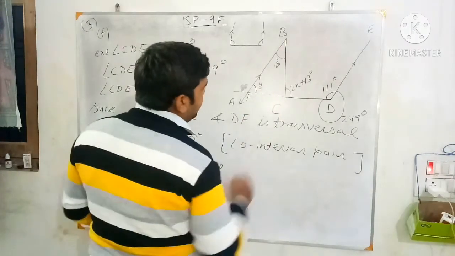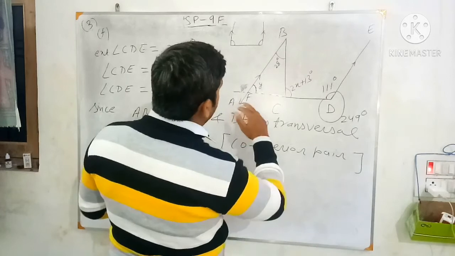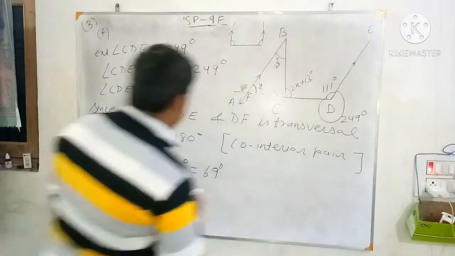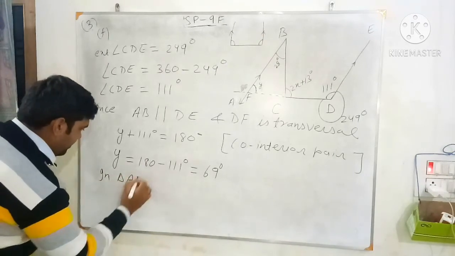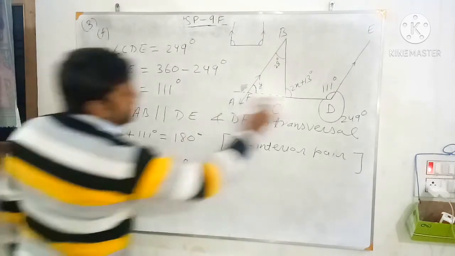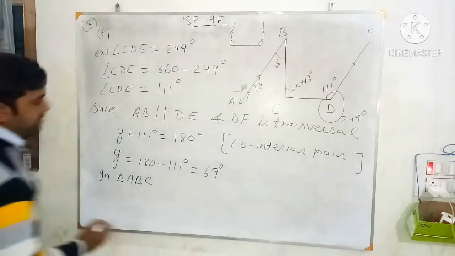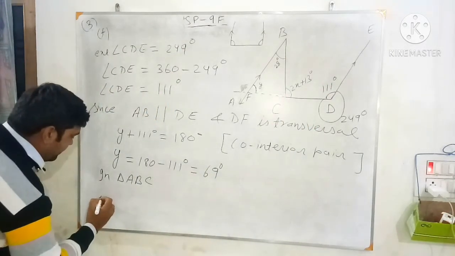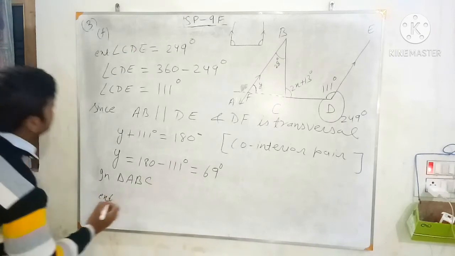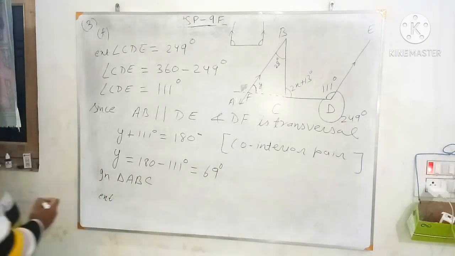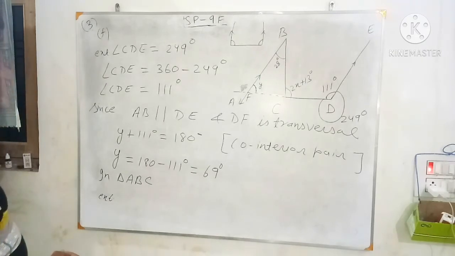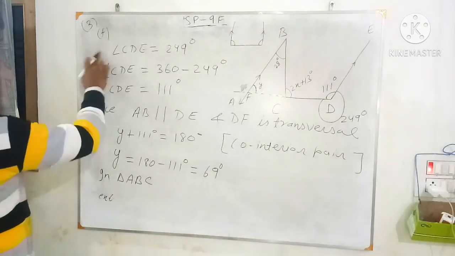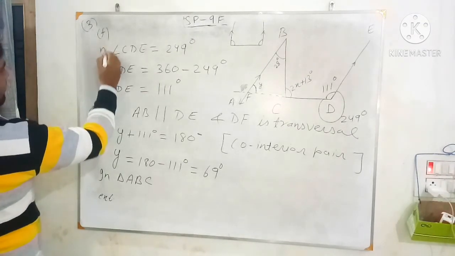Now see, you can consider triangle ABC. This is the triangle ABC. Now in triangle ABC, this is the extended side, this is the exterior angle. So what you write? Angle BCD, that also you can write exterior angle. So here you write the major angle, M means major angle.